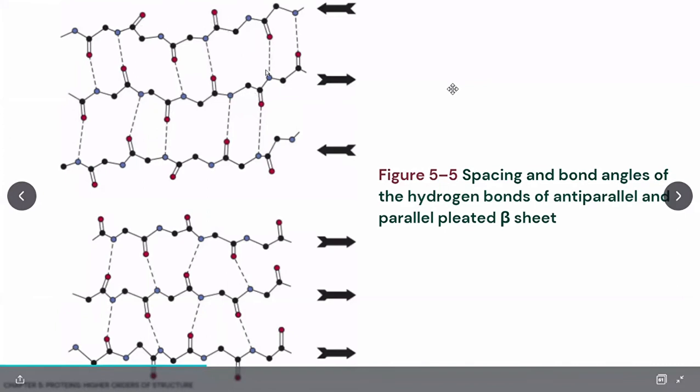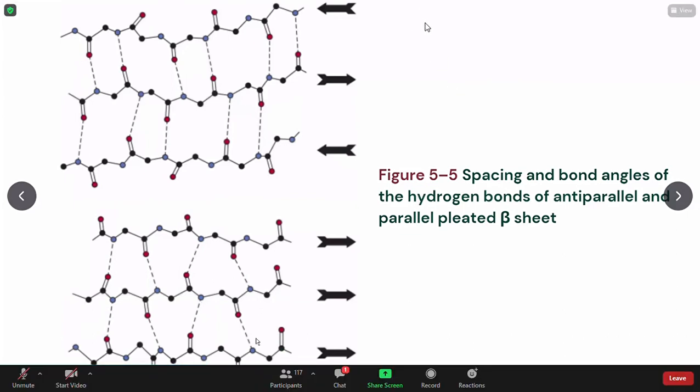So one polypeptide chain. The direction is going this way, then it turns around and then turns around that way. This one here shows that there are three polypeptide chains and they are hydrogen bonded.